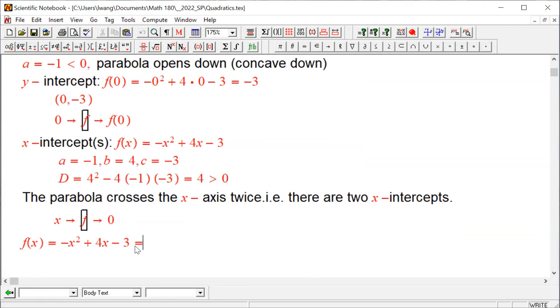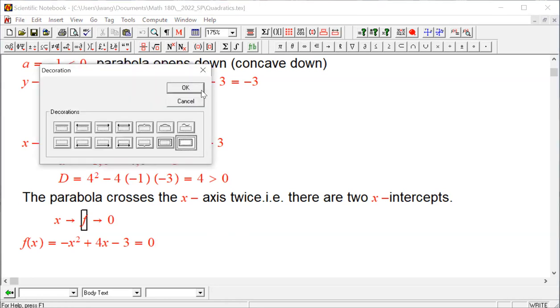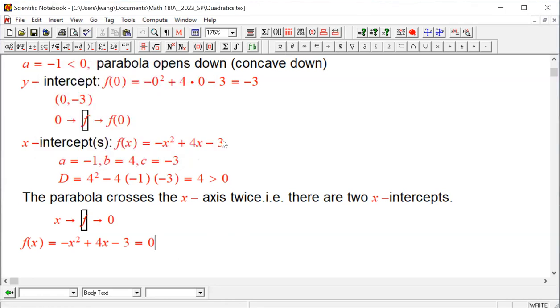So we're going to set it equal to 0, right? That's the so-called set y equals 0 that you have learned before, right? Those are the terms that you might have heard and learned before, and they are consistent with what we're doing right here.